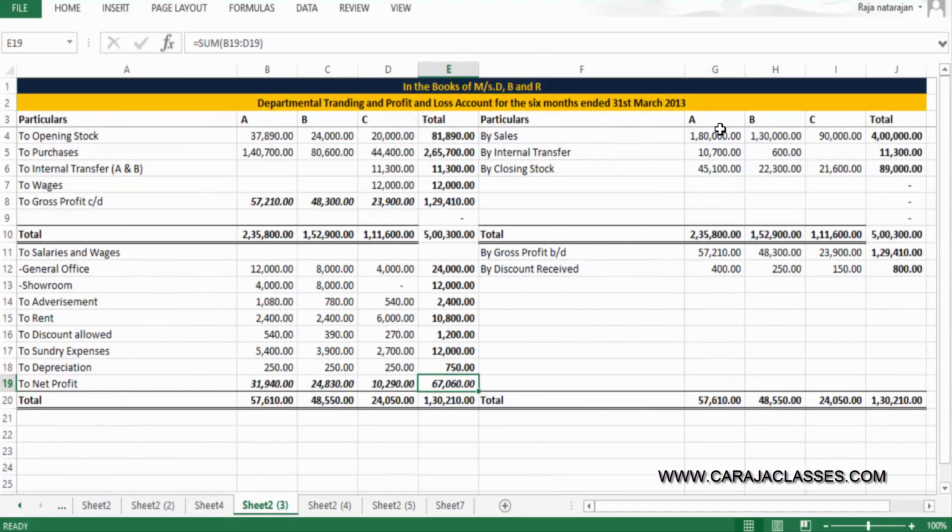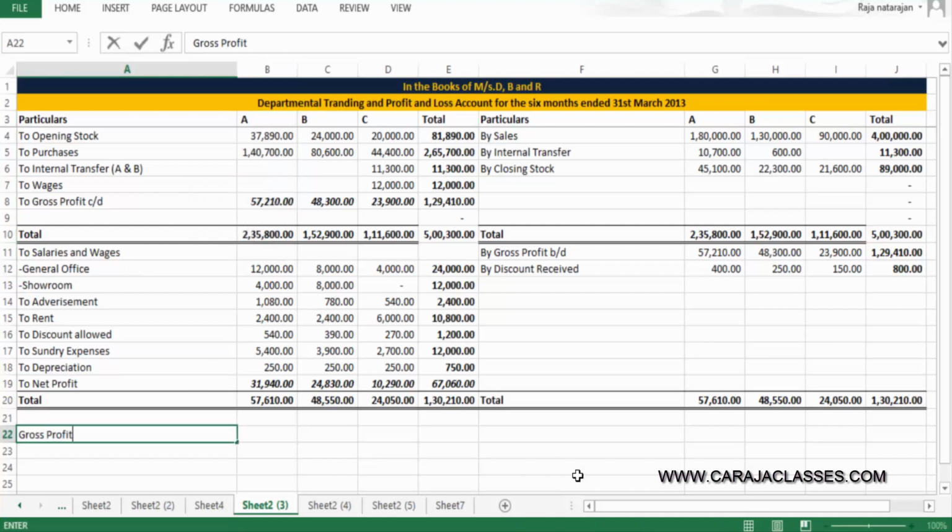Look at this. This is the sales made by Department A, and they also made a transfer to other departments. Okay, right. Now this is their income, and for that, these are their expenses. So now I'm interested in understanding what is the gross profit of this Department A. Gross profit I know, but I want to know what is the gross profit margin.